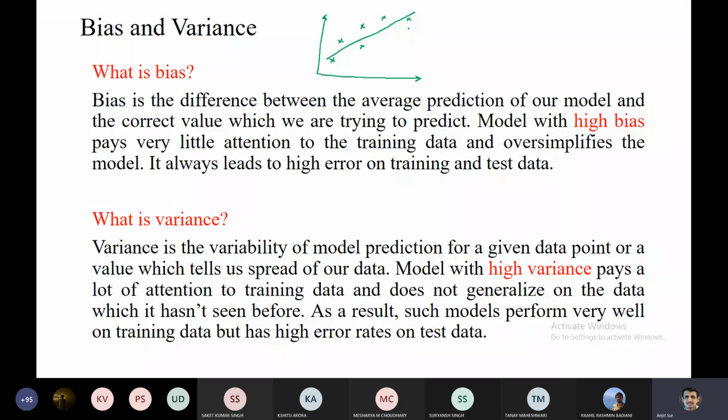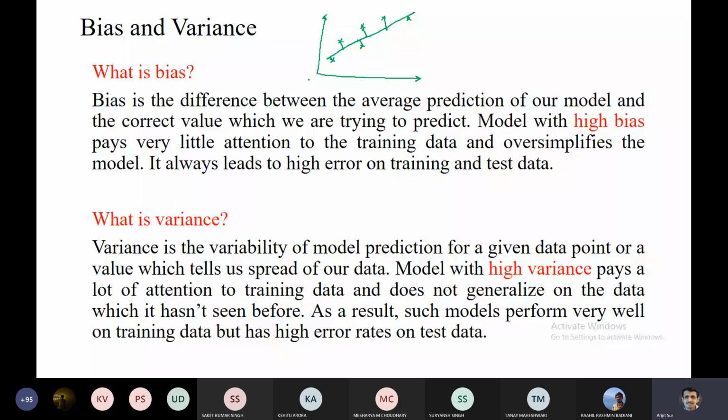And what is the difference between these? You can say it is something like the cost function for your understanding, but it's not the cost function. Bias is the difference between the average prediction of our model and the value which we are trying to predict. So actually, what are the average predictions of this? Maybe somewhere here, maybe somewhere here, or something like that.